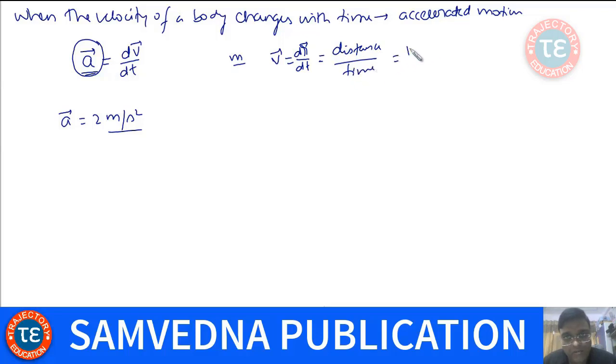So it is meter per second, and acceleration is dv by dt, so it is meter per second square.